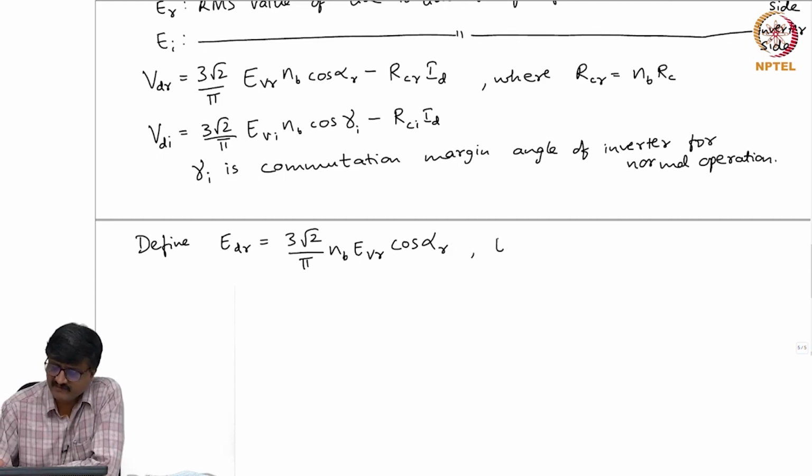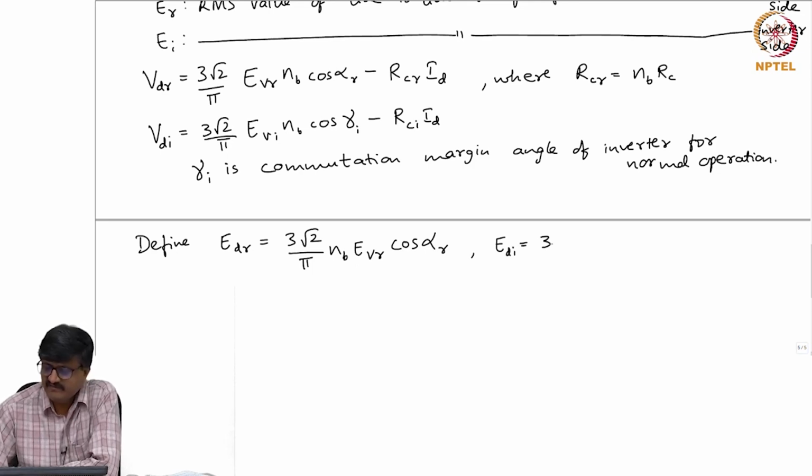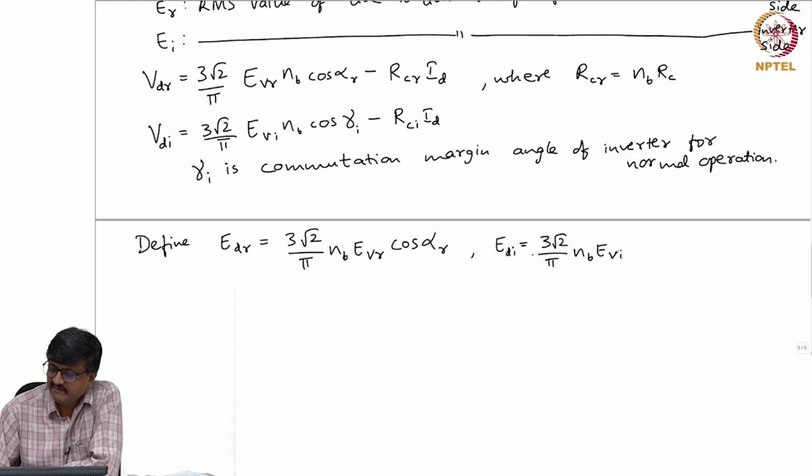And I also define EDI as 3 root 2 by pi NB EVI cos gamma I.